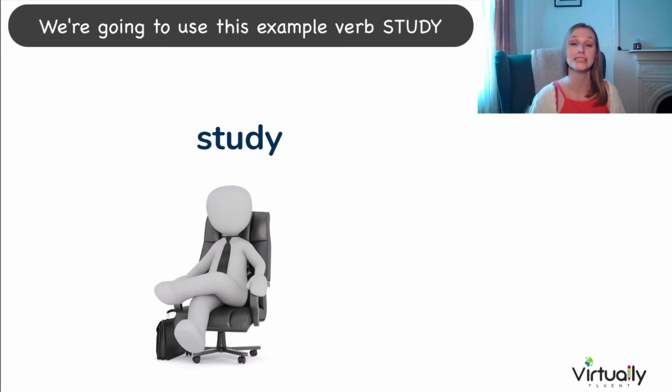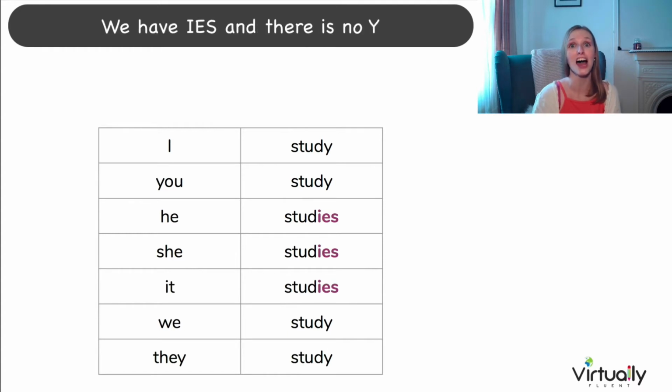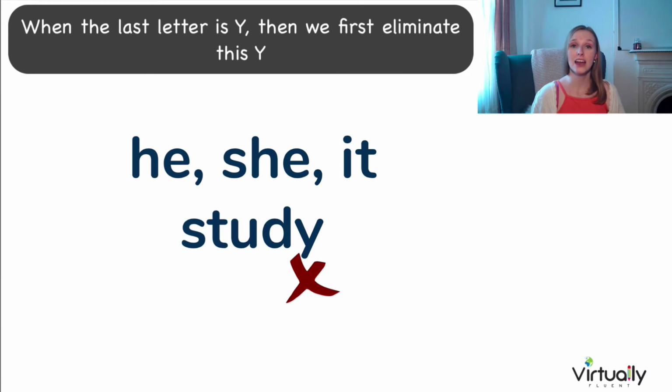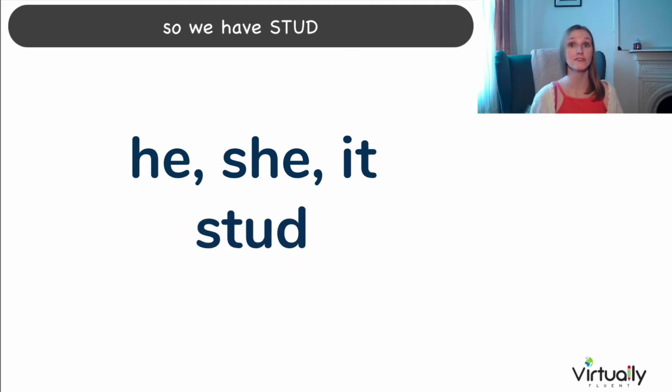Now let's move on to a different rule in the affirmative. We're going to use this example verb, study. This form is I study, you study, he studies, she studies, it studies, we study, and they study. This is completely different. We have IES and there is no Y. When the last letter is Y, then we first eliminate this Y. We do not want this Y. So we have stud.